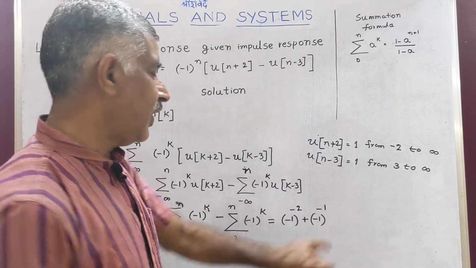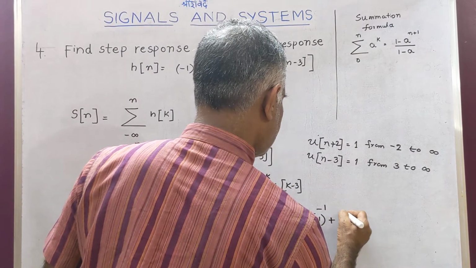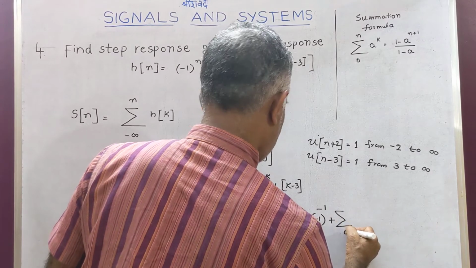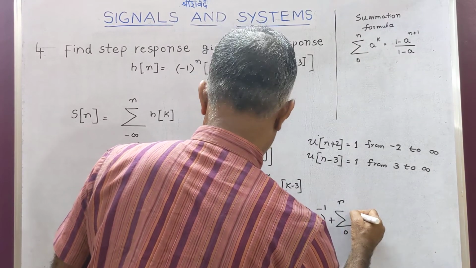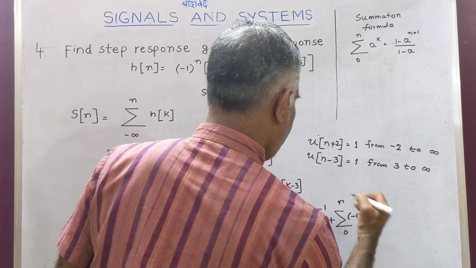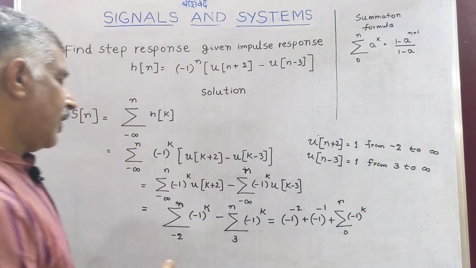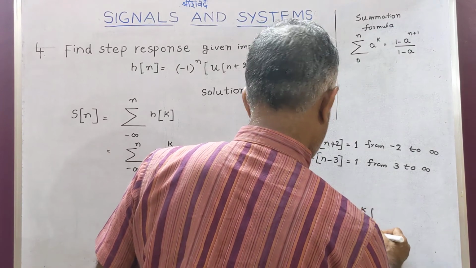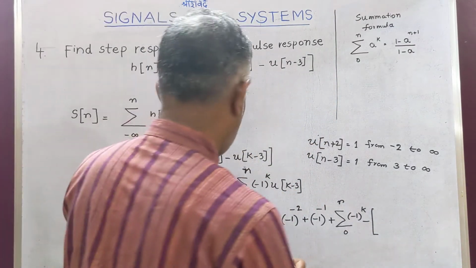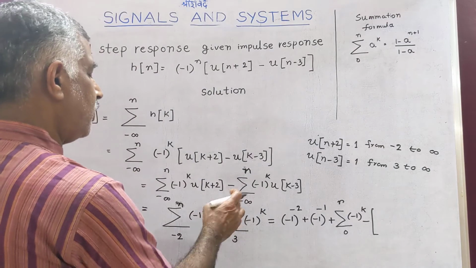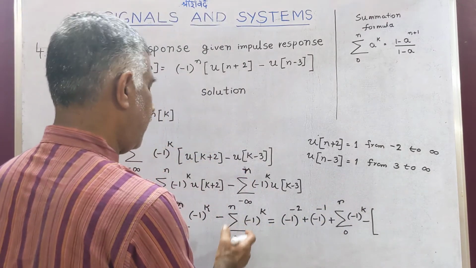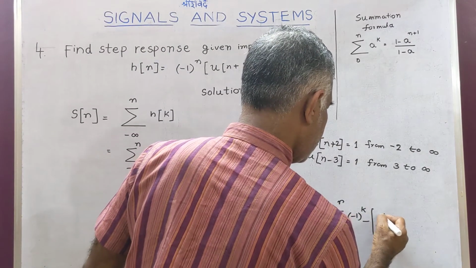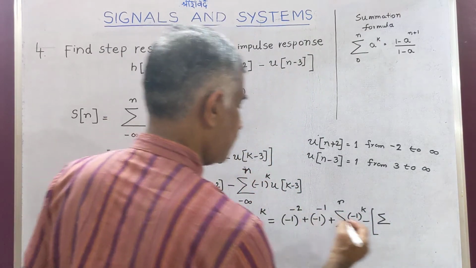After minus 1 it is 0, plus the summation 0 to n of minus 1 to the power of k. Next, minus; now here it is 3 to n, and instead of 3 to n, I will take 0 to n.